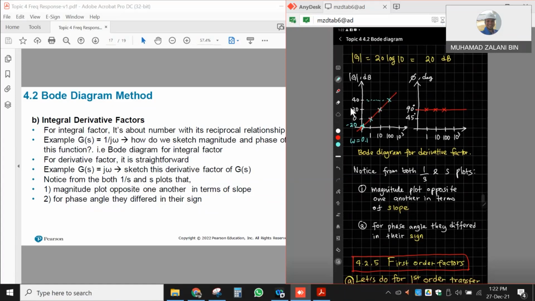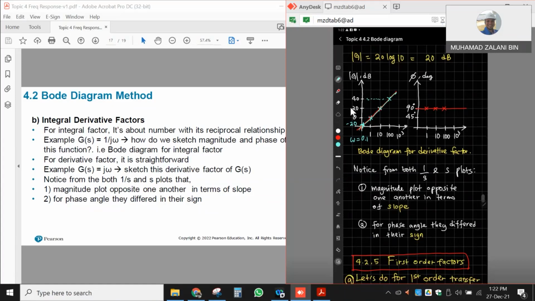So when we do the plot, suppose that the plot should look like this, which is a positive slope. Positive slope. So we can observe the magnitude change when the frequency changes from 0 to infinity. The plot should look like this, a positive linear plot like this.